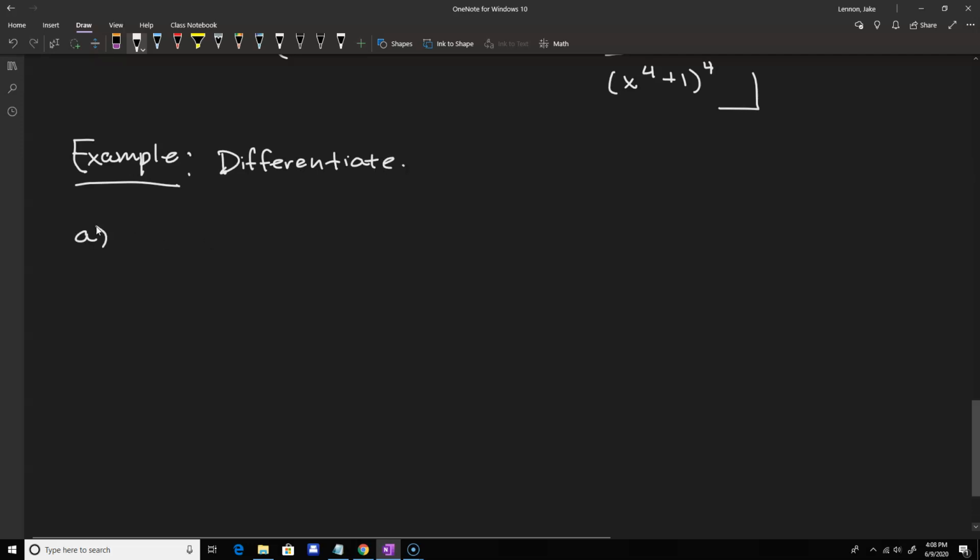So A, we have, let's say, f of x equals x times e to the negative x squared. Okay, so let's just note that this derivative is a combination of both the product and the chain rule.